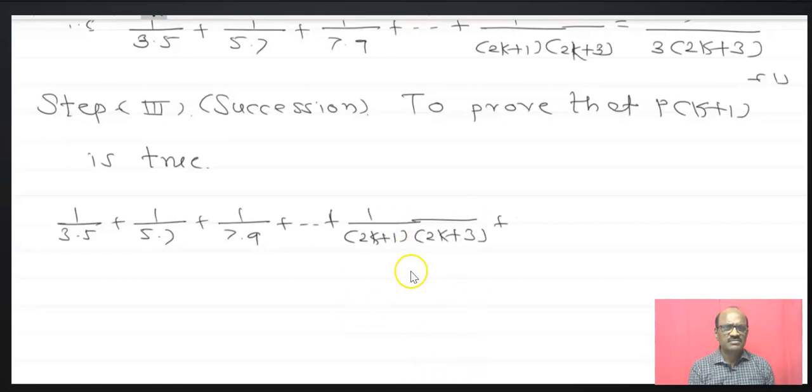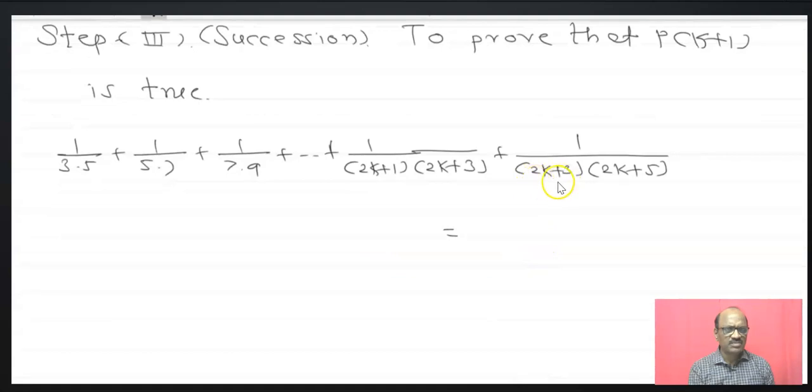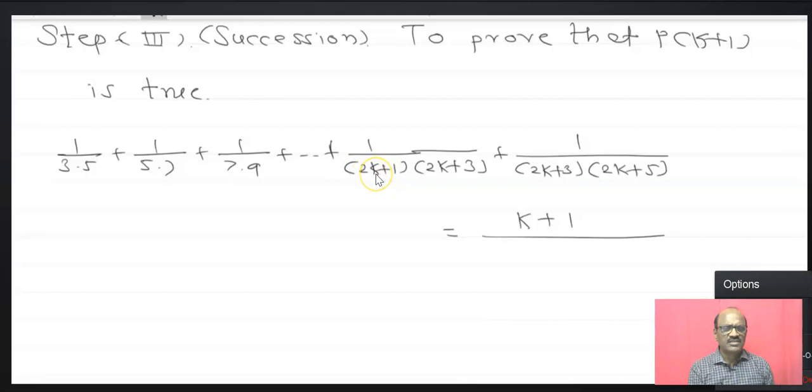This is the first term. And what will be the next term? Here k is replaced by k plus 1, then you will get 2k plus 3. Now see this again, how it comes. k is replaced by k plus 1, that is 2k plus 2, plus 3, that is 2k plus 5.